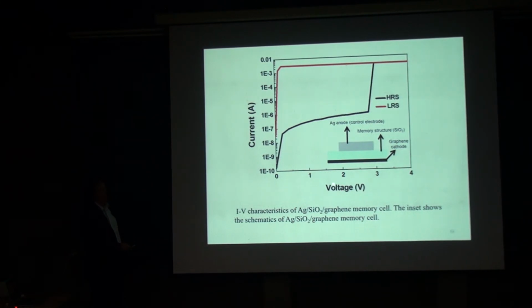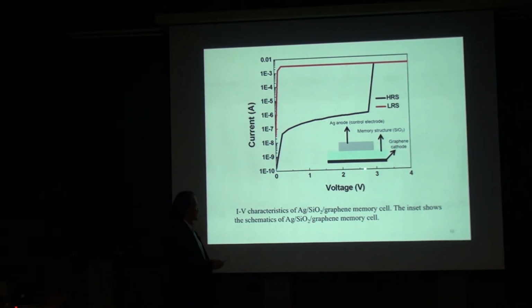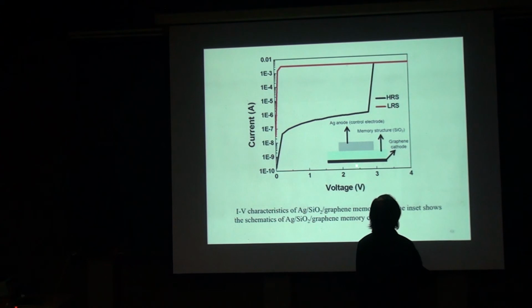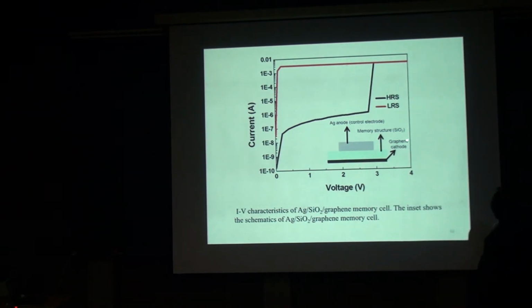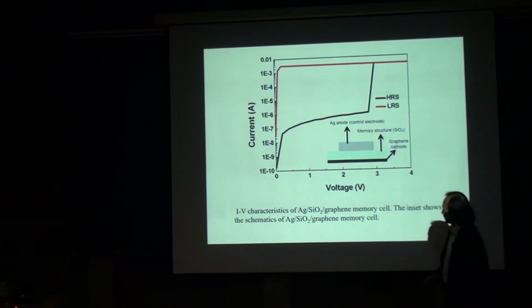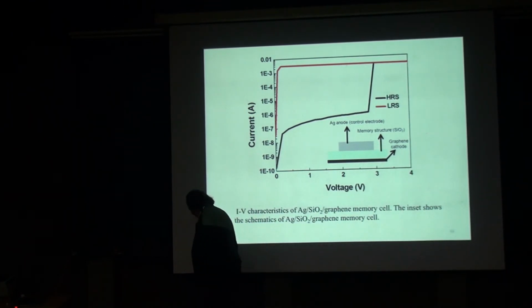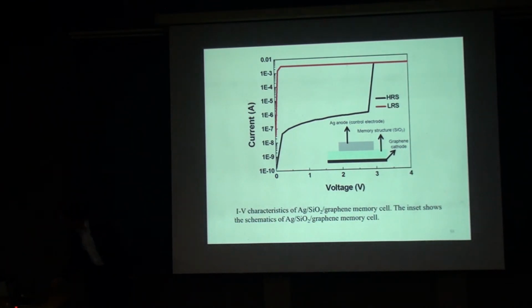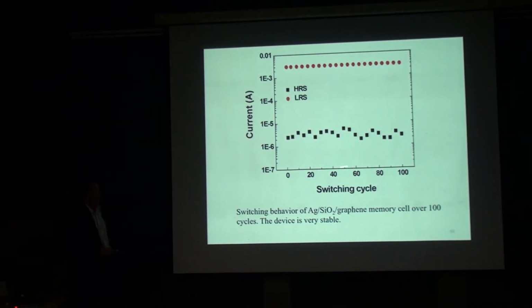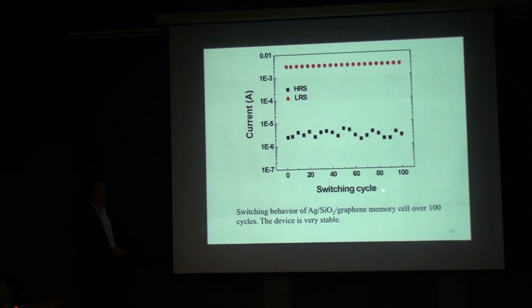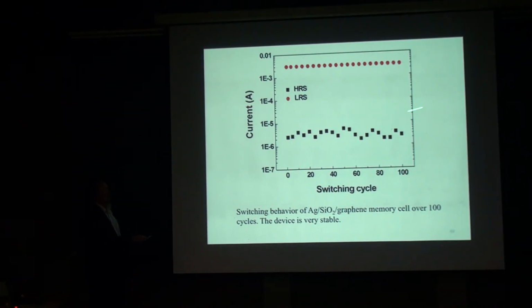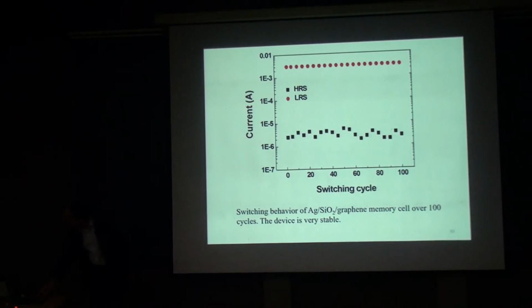Just like this simple structure, here is graphene, and here is the silicon dioxide, and on top of that is the Ag metal. And this device is also very stable. After 100 switching cycles, it still remains the same function.